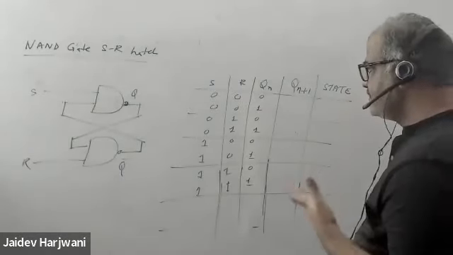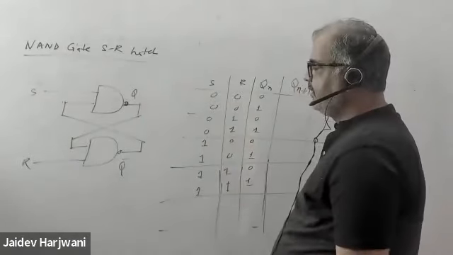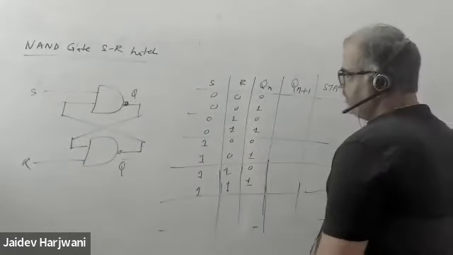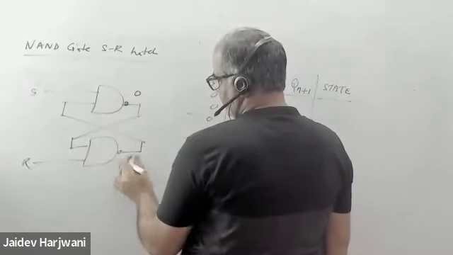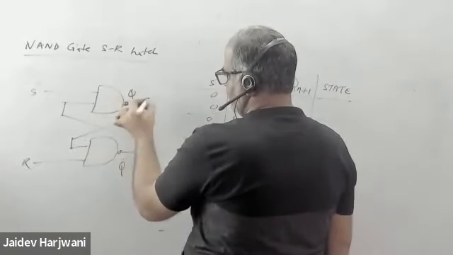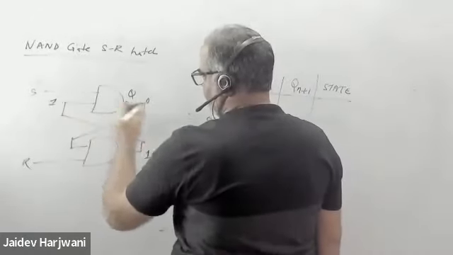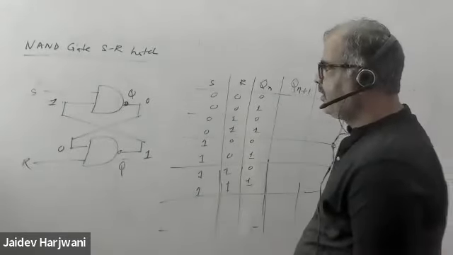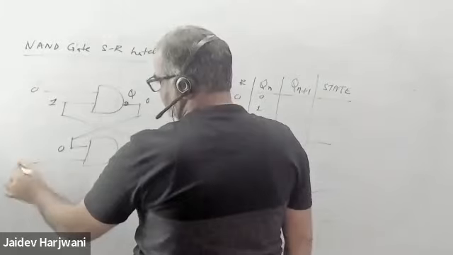Now I told you, once you give 0 to a NAND gate, the other input becomes irrelevant. Now say this is the initial state, this is 0, and this Q is 0, and this is your 1. So 1 is going here and the 0 is coming here. Now you are applying 0 0, you are giving 0 to this one, and 0 to this one.